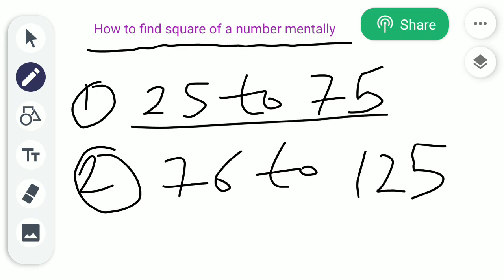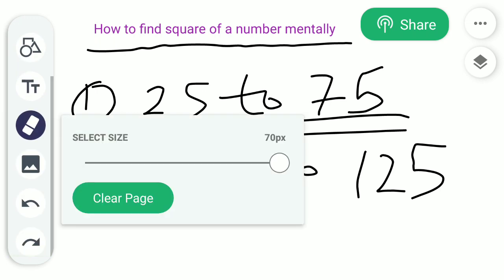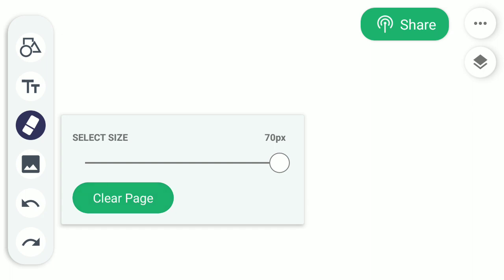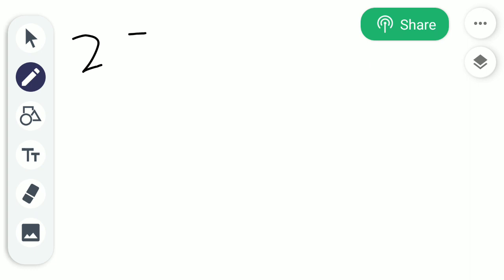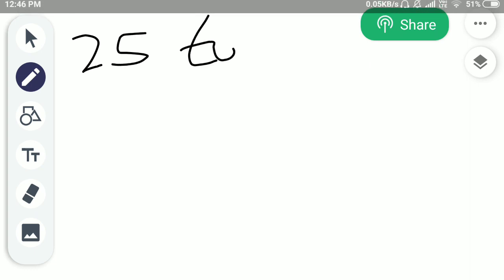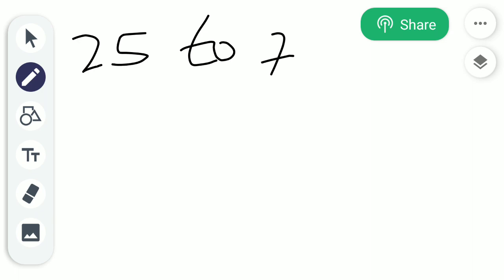In this video we'll focus only on the squares from 25 to 75, and this is a really easy method. After a few minutes of practice, you can start calculating it mentally.